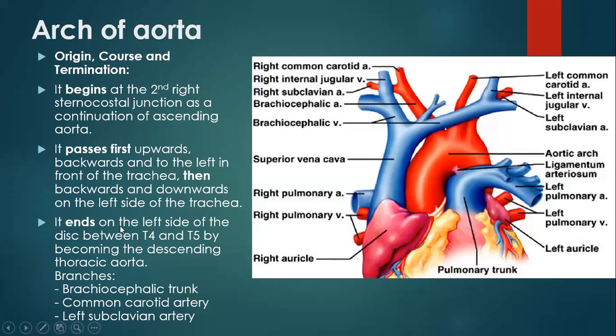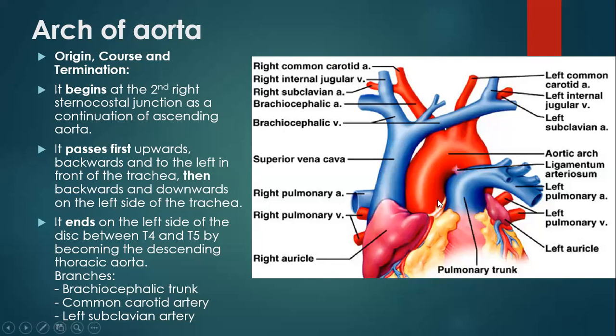It ends on the left side of the disc between the T4 and T5 vertebrae. That is at the sternal angle, also called the manubriosternal junction, where a vertical plane is drawn.